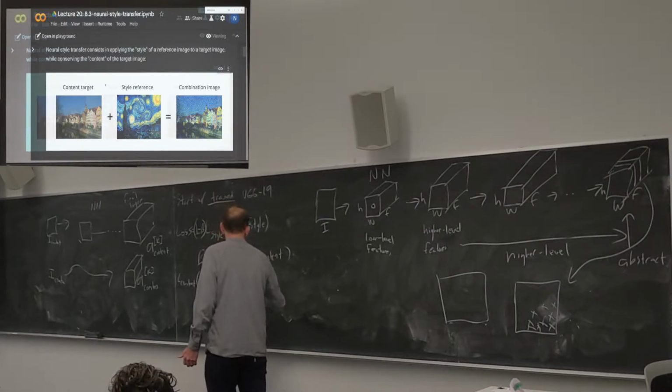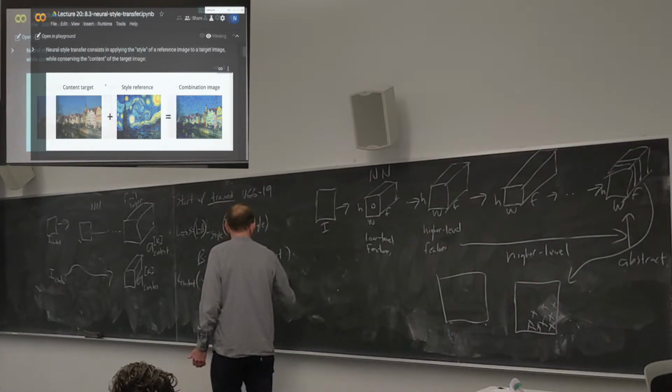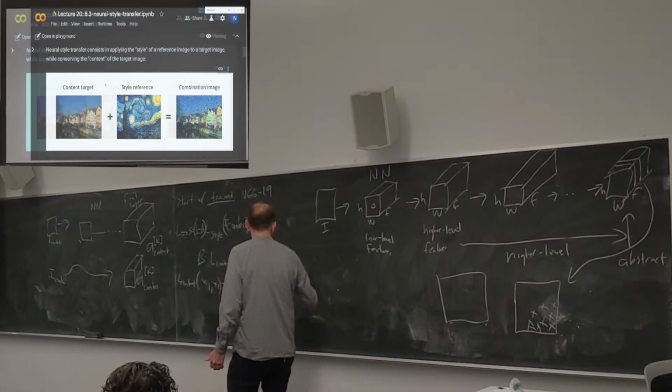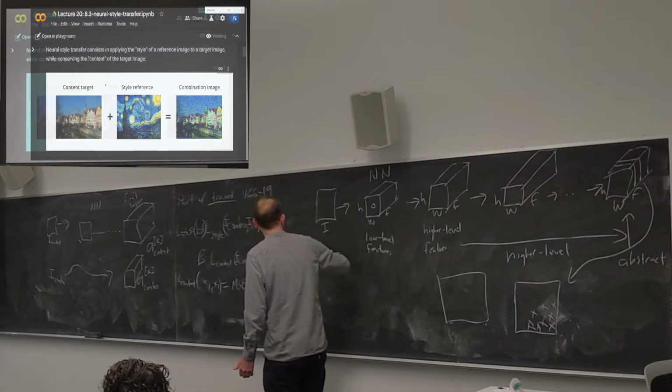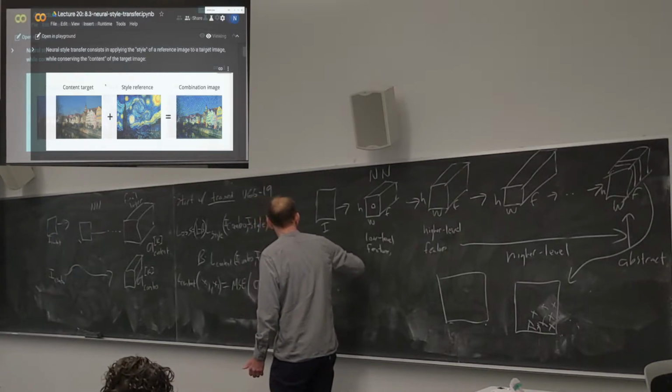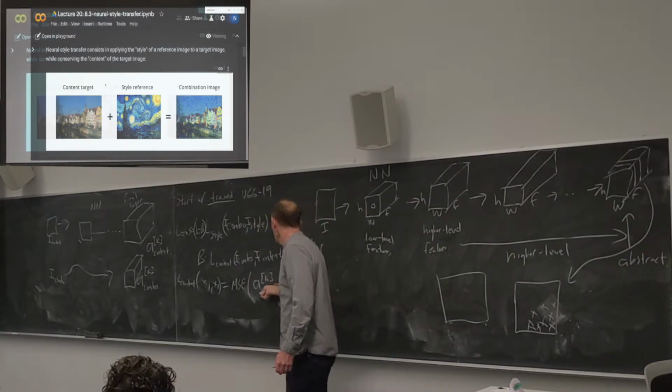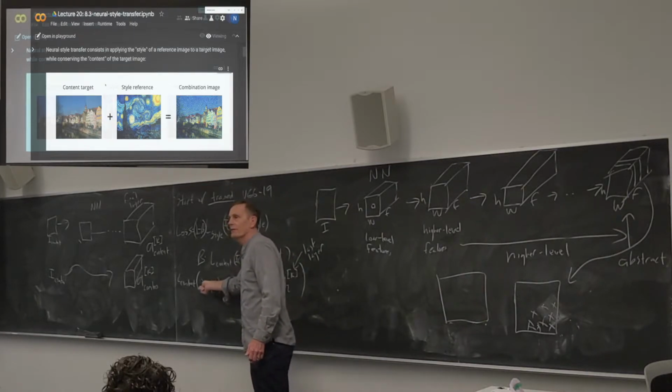So K is the last layer, and 1 and 2 just represent our different input images, input image 1 and input image 2.